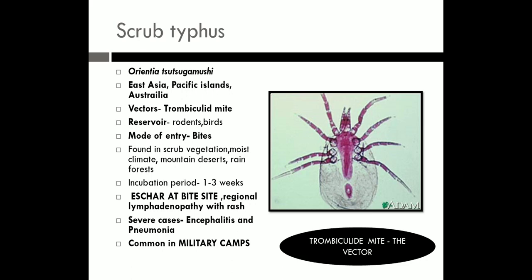So there are two particular variants. You have Leptotrombidium akamushi, which is seen in Japan, and the species of mite seen in India is Leptotrombidium deliense. So that is the difference in the species of the mites, and usually the transmission is maintained among the mites by transovarial transmission.